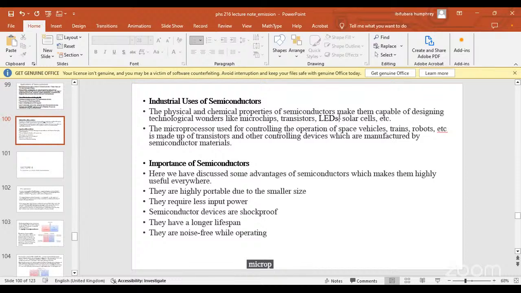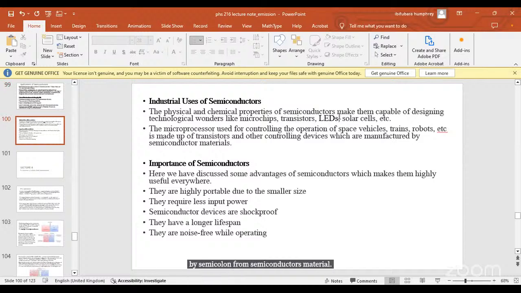Microprocessors are used for controlling the operation of space vehicles, trains, robots, etc. They are made up of transistors and other controlling devices, which are manufactured from semiconductor material.